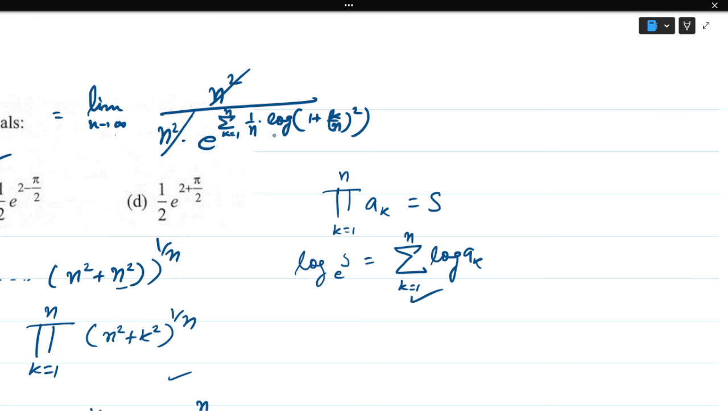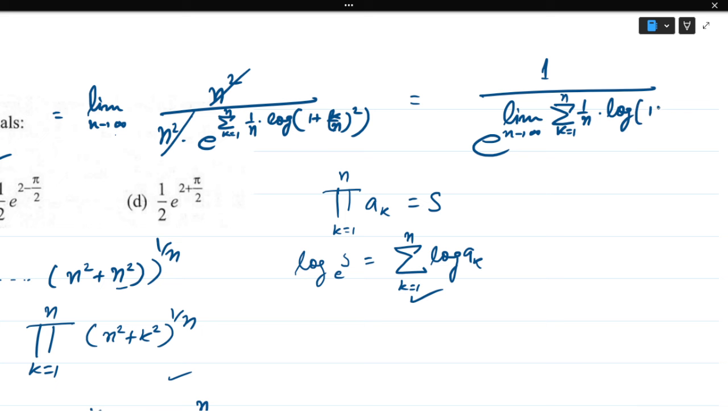Now applying the Riemann sum means we are applying the limit over the power, so we get 1 over e power limit n tending to infinity summation k equal to 1 to n, 1 by n dot log (1 plus k by n) whole square.